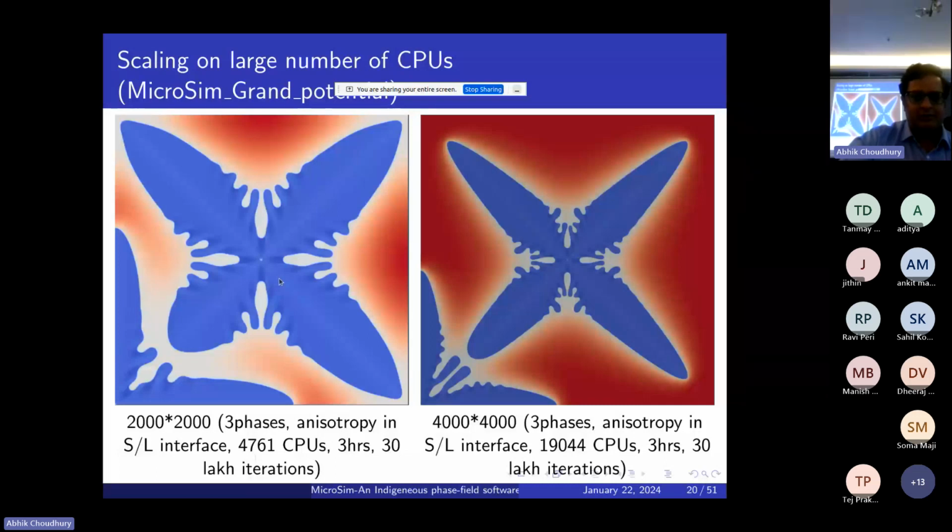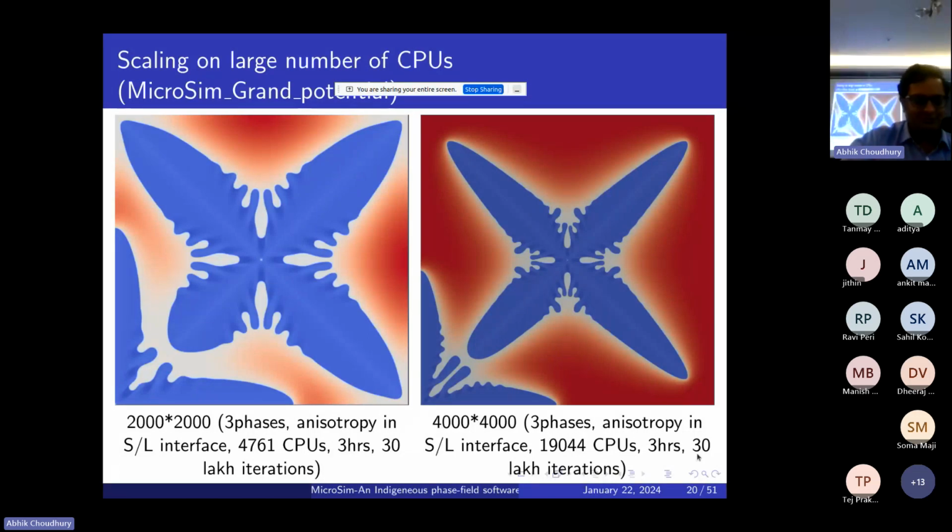And what I want to show here is essentially the scaling of our solver. So if you were to make this domain 4 times larger, that is, you double the x coordinate and the y coordinate both by 2, you get 16 million points. And you make the number of CPUs 4 times larger, so 19,044 CPUs. Essentially, you make the problem 4 times larger, and also increase the resources 4 times. So ideally, you should take the same time if your solvers are scaling properly, and that's precisely what it does.